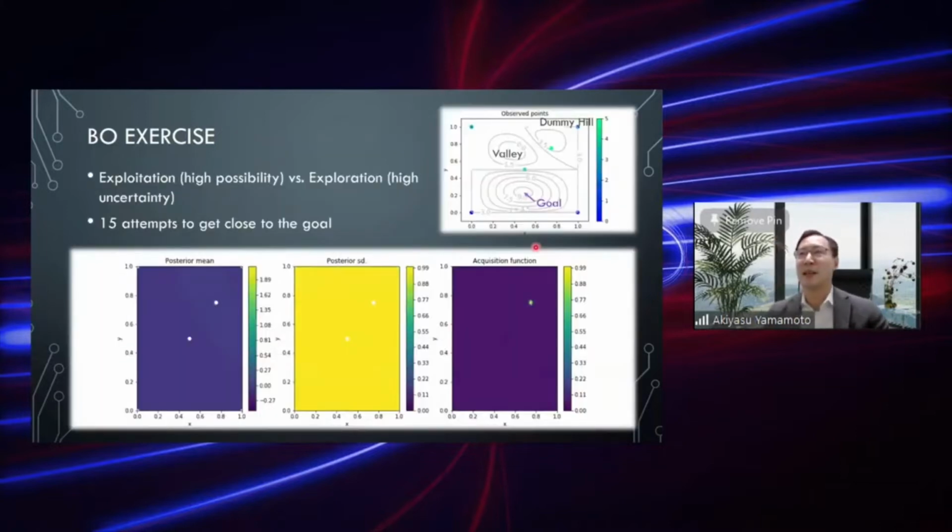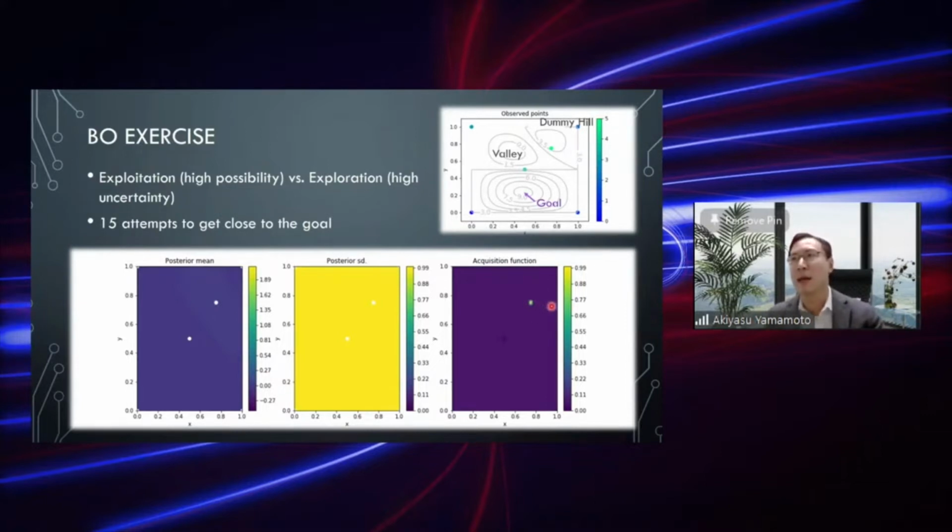And here are the contour lines, and the observed points will be shown here. And these are the distributions of the posterior mean and standard deviation of the function and the acquisition function. So you can see one point here in the acquisition function. So the next step will be here.